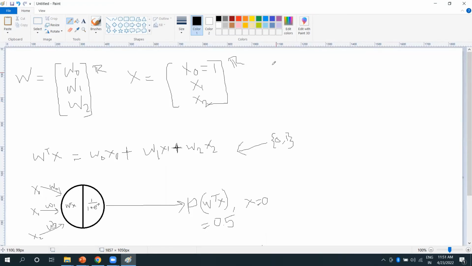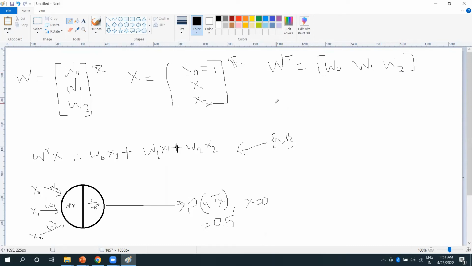When you take W transpose, it will be in horizontal form. It will turn from a vertical vector into a horizontal vector.